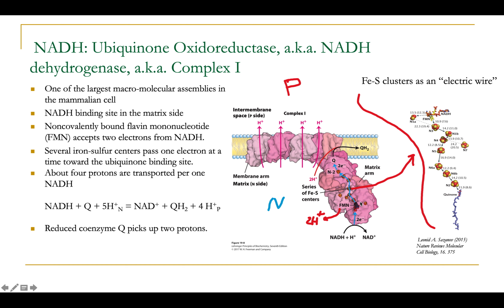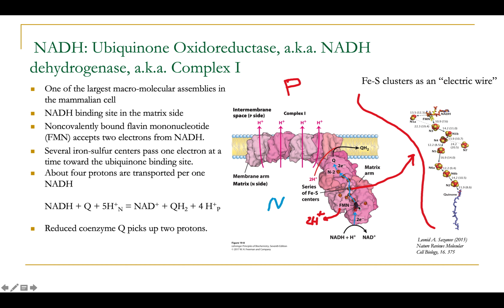The two protons and two electrons are initially accepted at the catalytic site and transferred to flavin mononucleotide, which is a flavoprotein prosthetic group within complex 1.